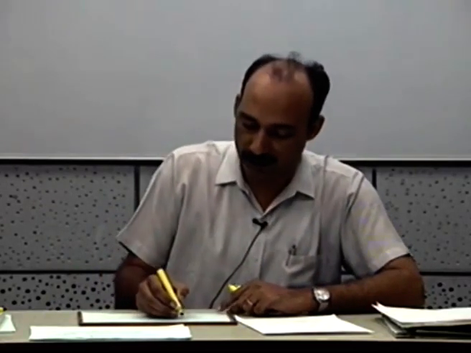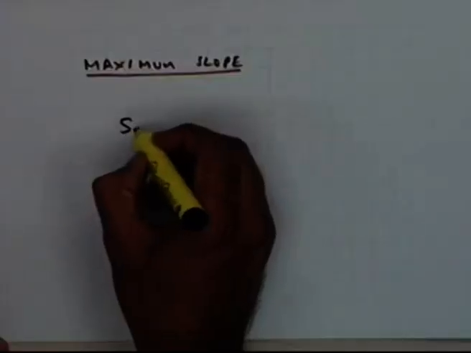So in that case, you can even think of providing a slope. Now what slope should be provided? What is a reasonable slope? You have to know the limits. What is the maximum slope? If you are interested in knowing the maximum possible slope which can be used, you can use this relationship.